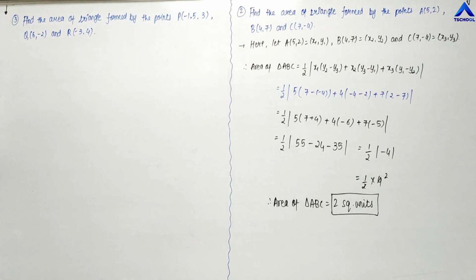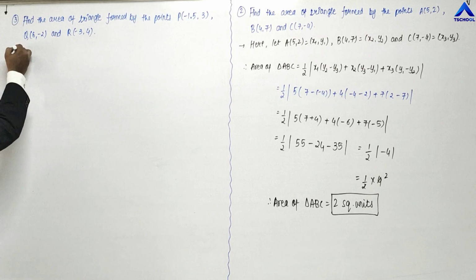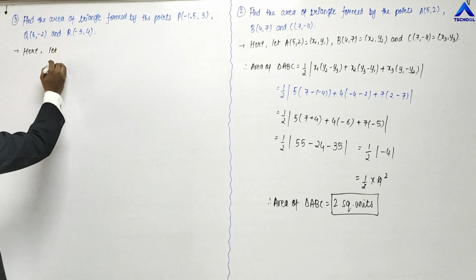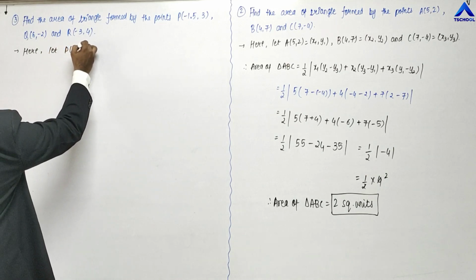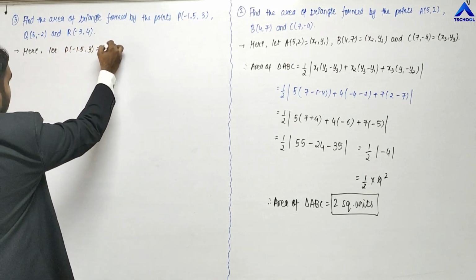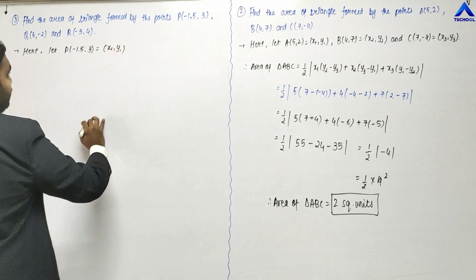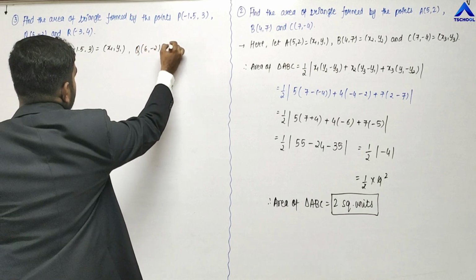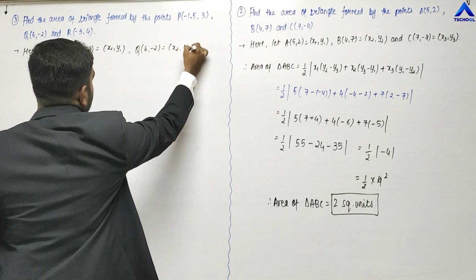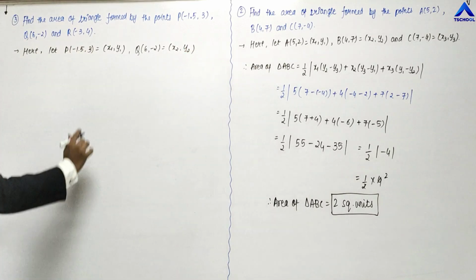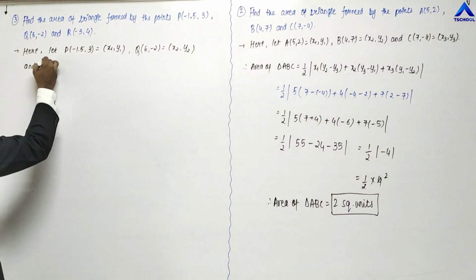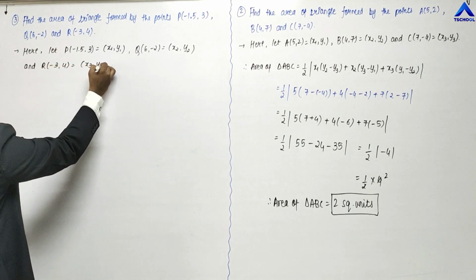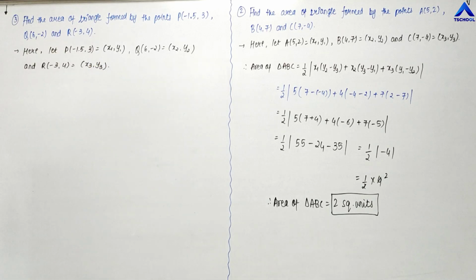So let us solve this. Here, let P (minus 1.5, 3) equal x1 y1, Q (6, minus 2) equal x2 y2, and R (minus 3, 4) equal x3 y3.